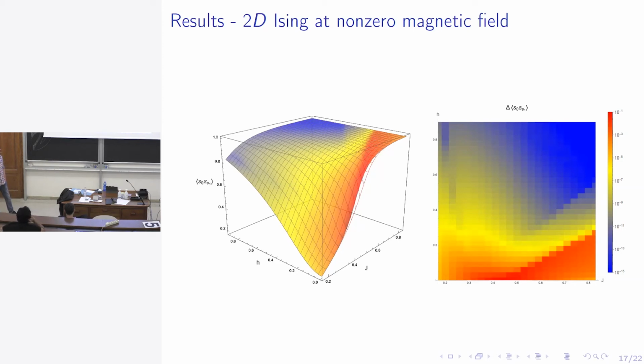So yeah, you can see that our method is very, very good when the correlation length is not very large, which is not exactly the region we care about physically, but it is what it is.